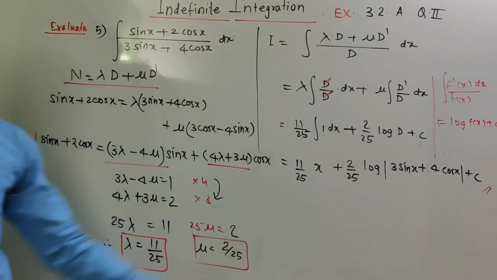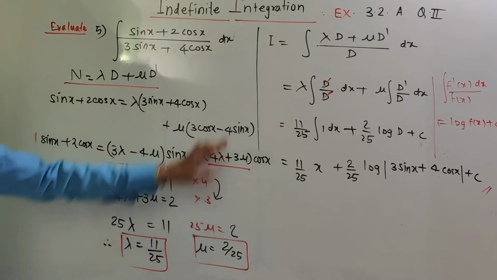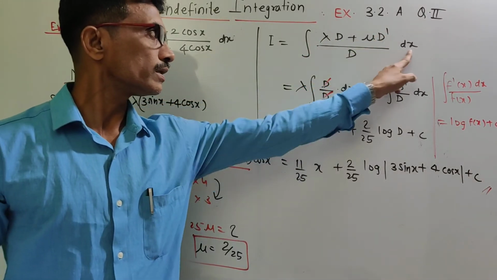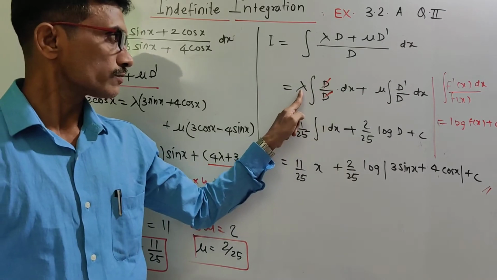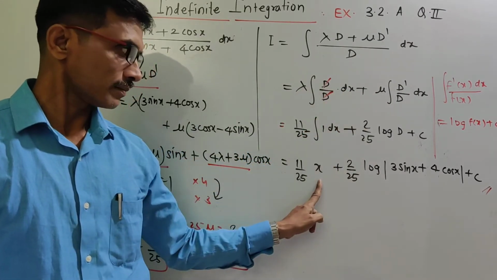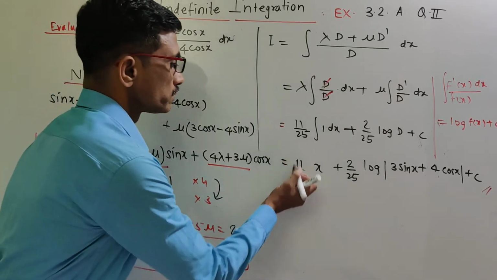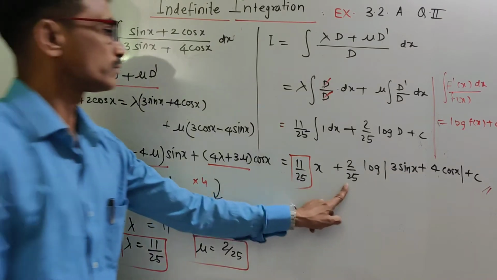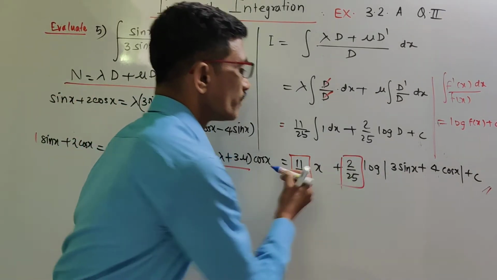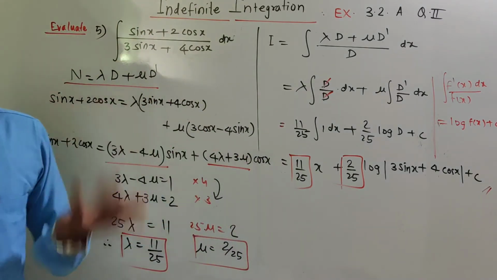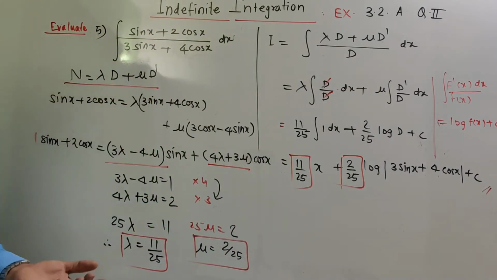We can also find this answer by a shortcut. Using this, I is equal to integral of lambda d plus mu d dash upon d dx. The result will be lambda x plus mu log of denominator. So how can we find lambda and mu in short?